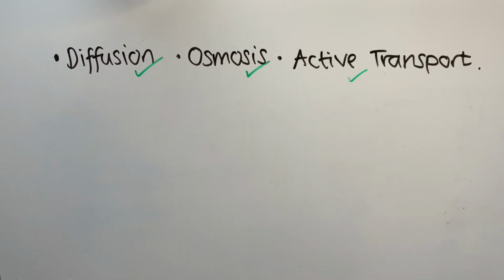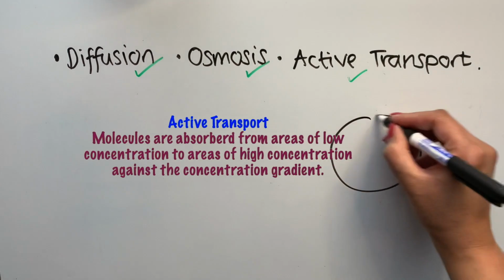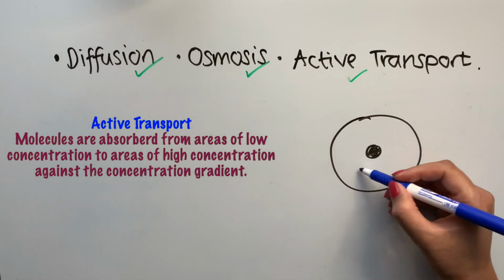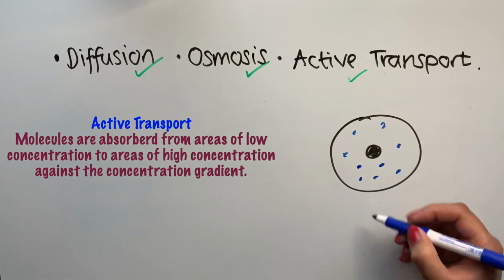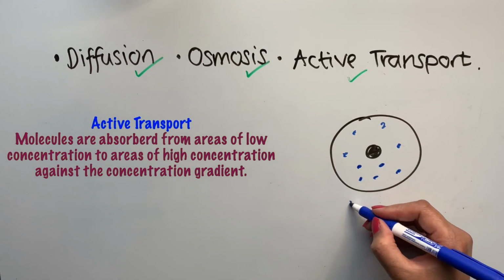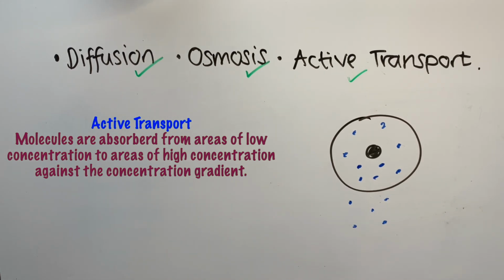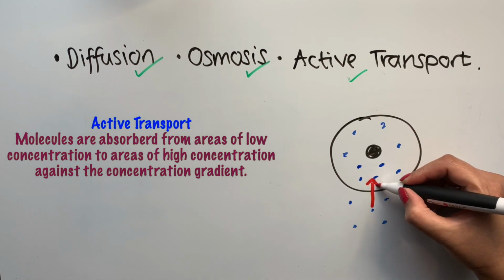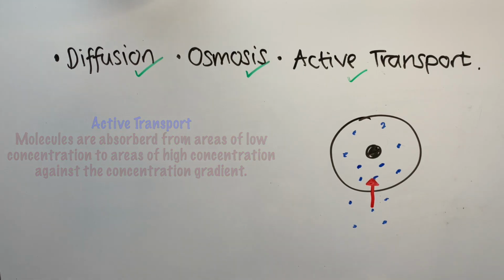Active transport is where substances are absorbed against the concentration gradient. So if I have my cell here and I have a high concentration of a particular substance inside the cell and a lower concentration outside, through active transport the molecules outside would be able to move against the concentration gradient to inside the cell.